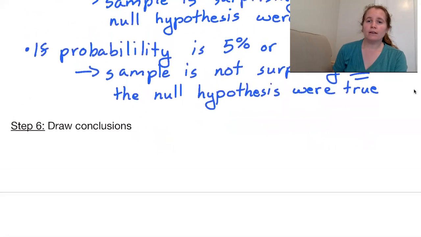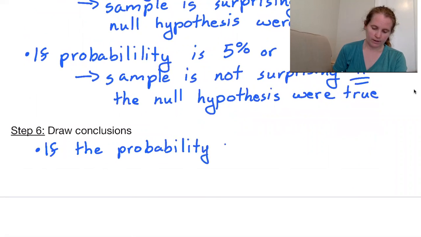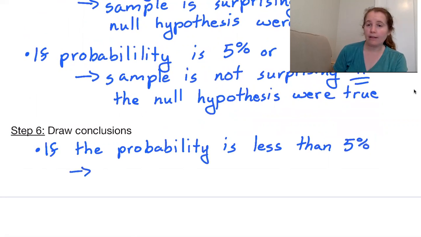So again, if the probability is less than 5%, then we consider this to be strong evidence that the alternative hypothesis is true.